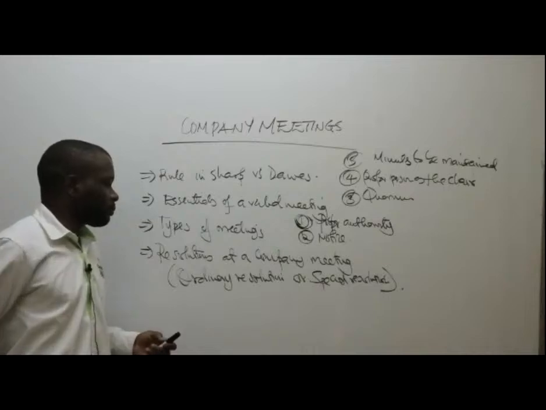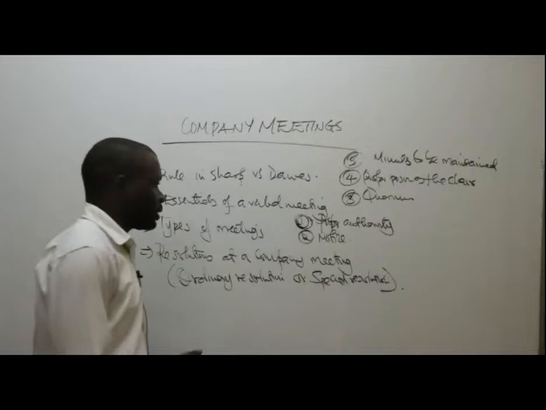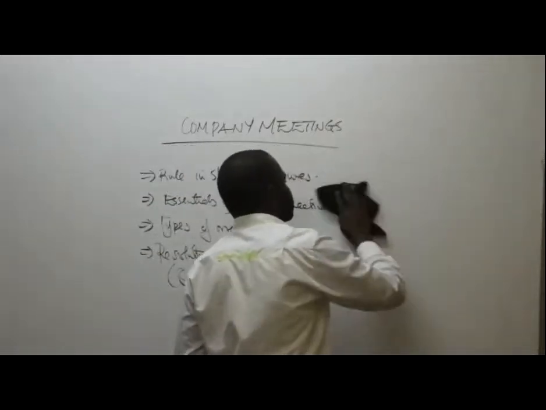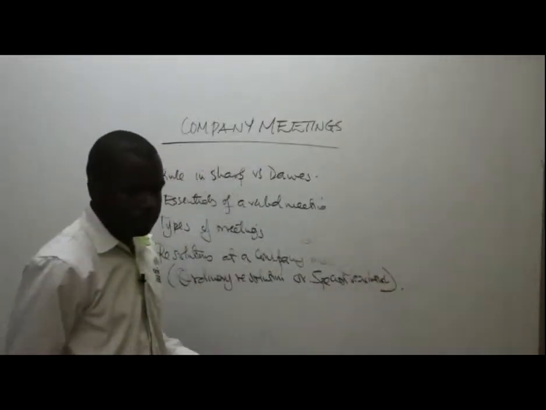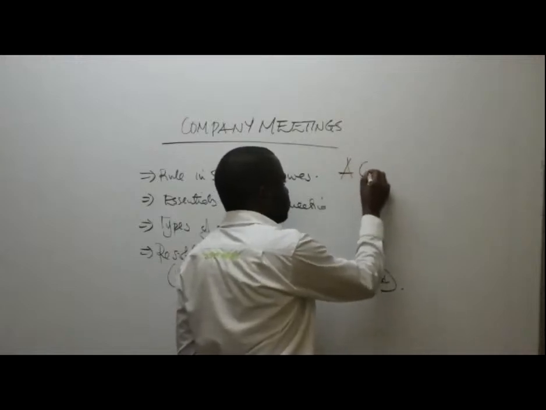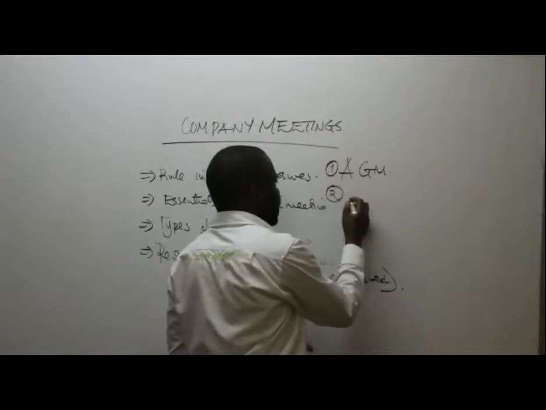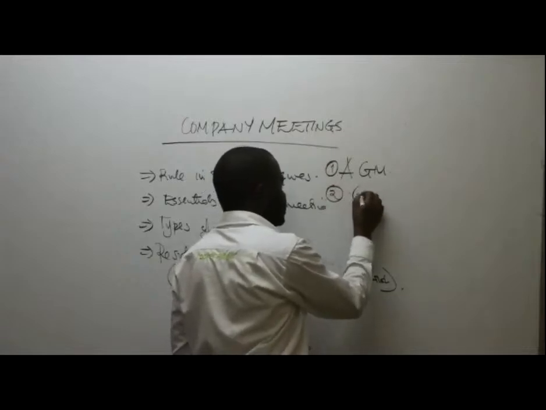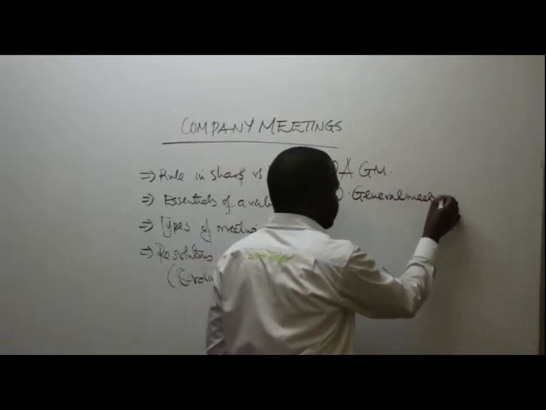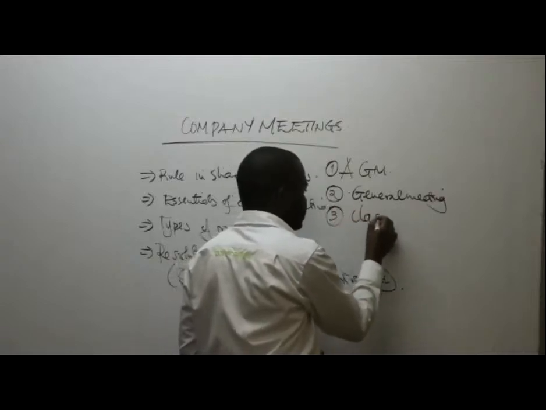So we can look at the types of meetings we can have in a company. We can have what we call an AGM, or in full, an annual general meeting. Then we can have a normal meeting, or just a general meeting of the company. Number 3, we can have what we call a class meeting.